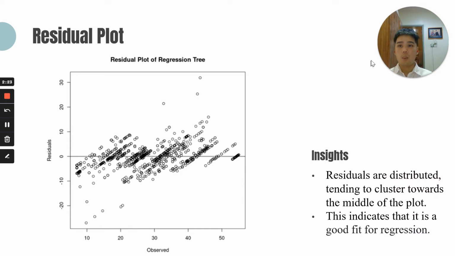Then we generate a residual plot of the regression tree. As we can see, the residuals tend to cluster toward the center of the plot. This indicates that it is a good fit for regression.